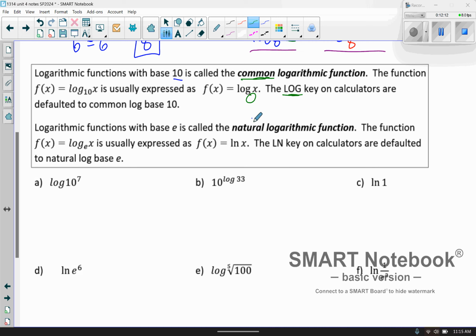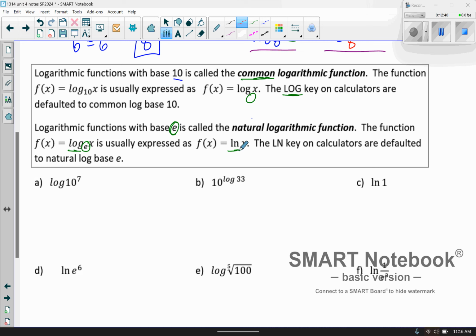Then we have another one that is our natural log. So remember when we were using base e for our exponential functions? Well, we also have base e for our logarithm functions. And so you could write it as log base e, but we actually do have a shortcut, and it's right here. It's ln. Okay, so not an I. Some people think it's a capital I, but actually it's a lowercase l and a lowercase n.